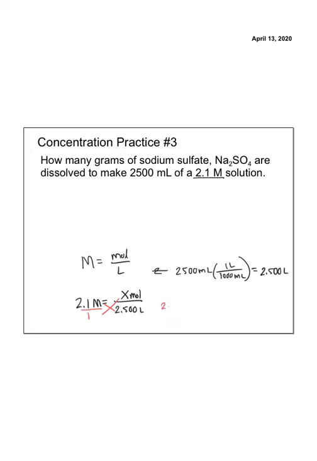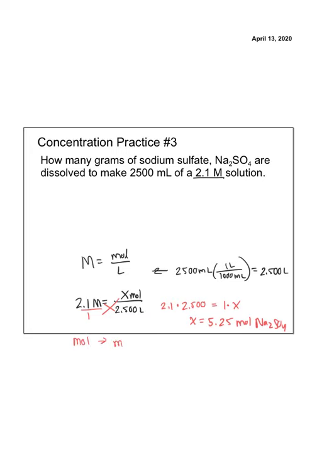So I get 2.1 times 2.500 equals 1 times x. So x equals 2.1 times 2.500, 5.25 moles of Na2SO4.